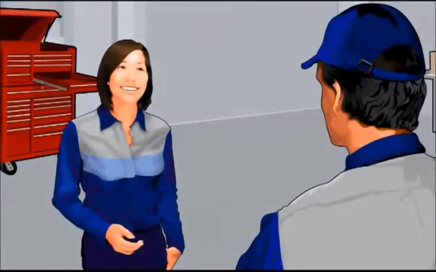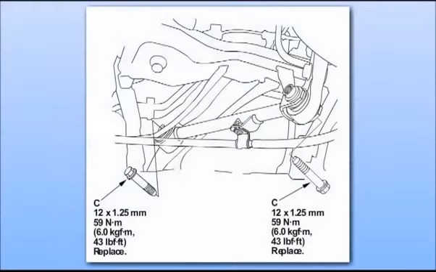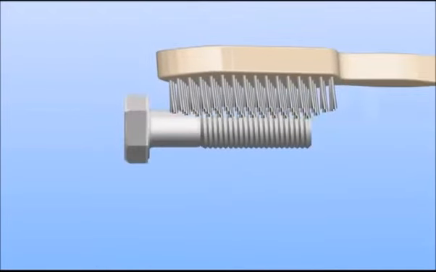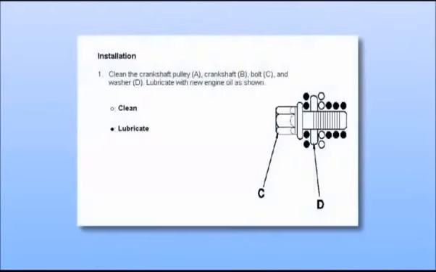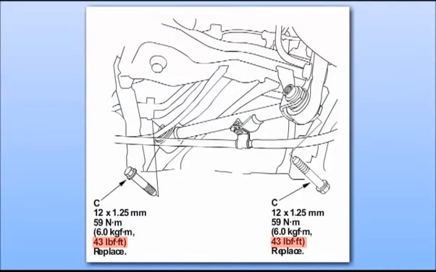So, when working with threaded fasteners, I can't stress these points enough. Always check the service information to ensure you are using the correct fastener. Make sure that the threads are clean and dry. And only lubricate the fastener if the service information directs you to. Always torque fasteners to their listed service specification.